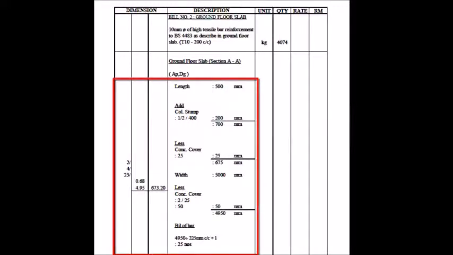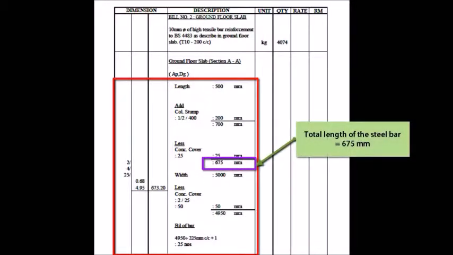Now we can start the calculation with the information obtained in the ground floor slab detail plan. Start by calculating the length of steel bar used in the ground floor slab. The length will be calculated by 500 mm length, add half of the column stump, and less one concrete cover. This is for the steel bar at the location of AP, so we now will have the total length of the steel bar.